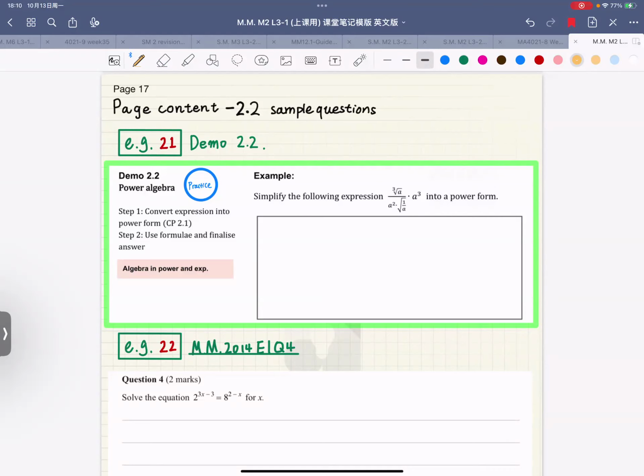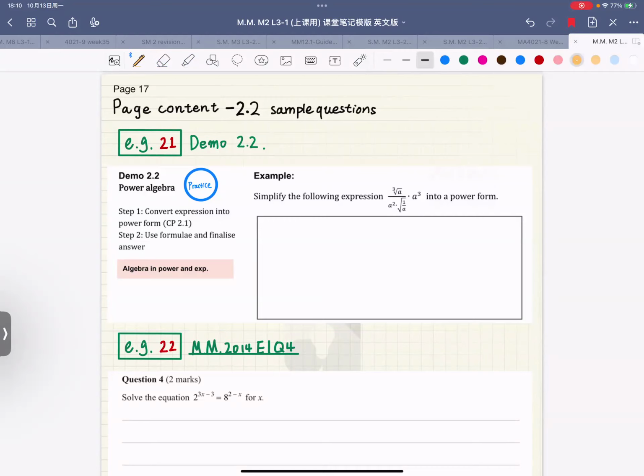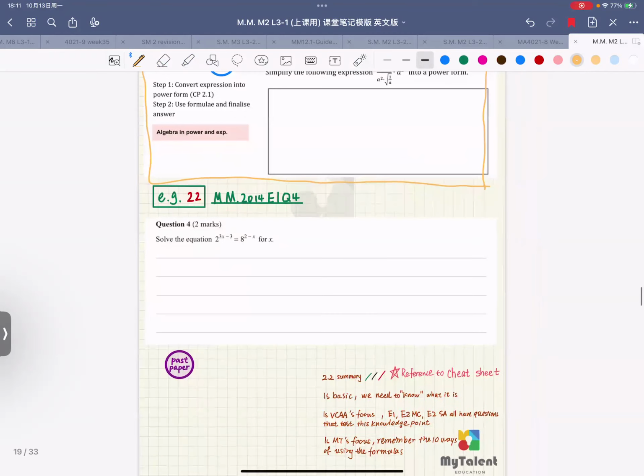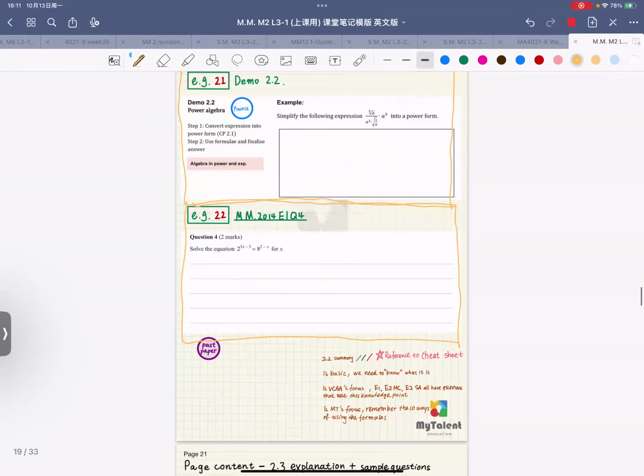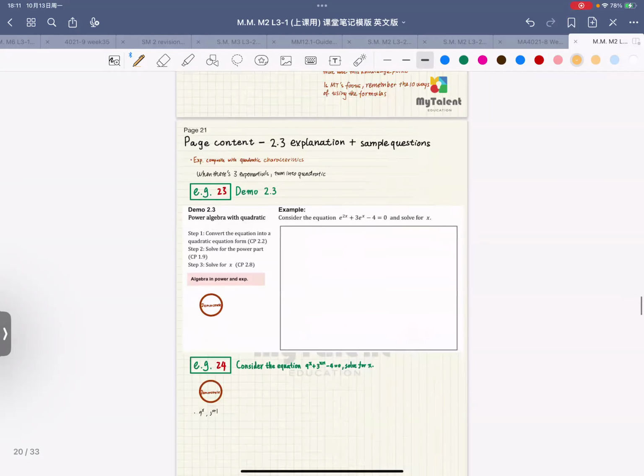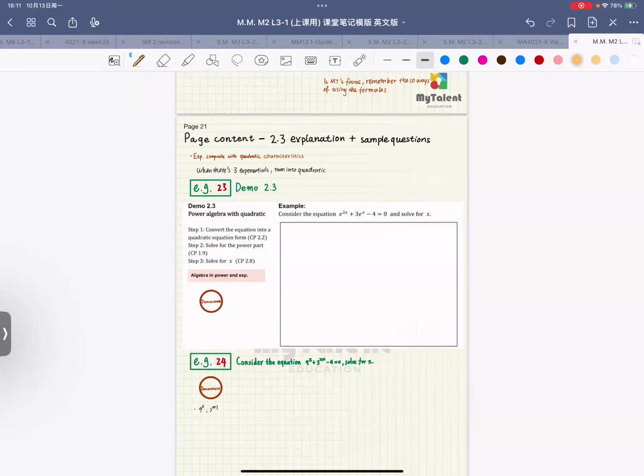That's basically a practice of what we just learned. Okay, homework. This is homework as well. This is a question from a past exam paper, right? These two, homework. All right. Let's move on.